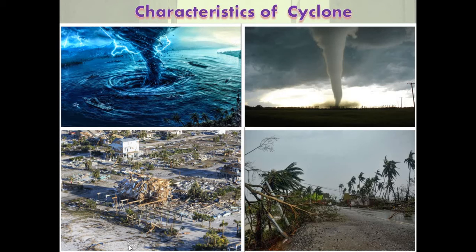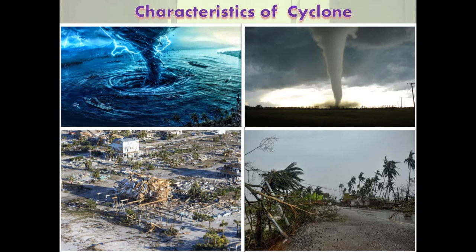Okay, cyclones start from the sea or ocean. Okay, and their wind speed is 322 km per hour, and the average cyclone area is 160 km wide. The biggest cyclone is 1600 km wide. And cyclone life is 2 to 3 weeks. Okay.